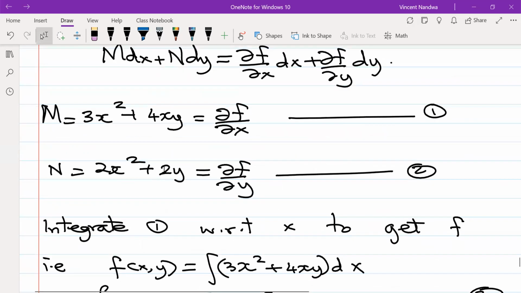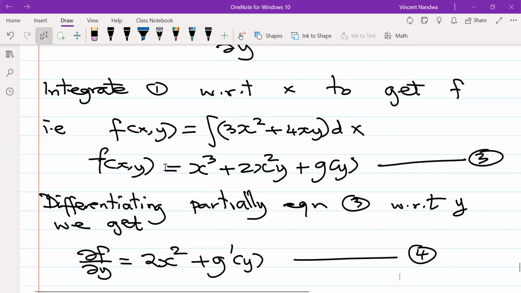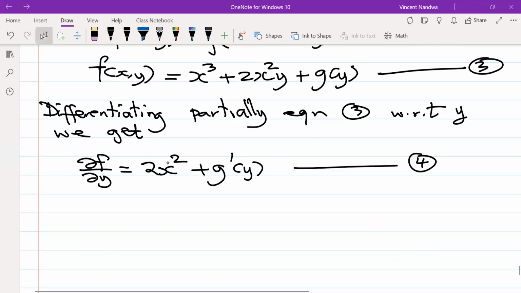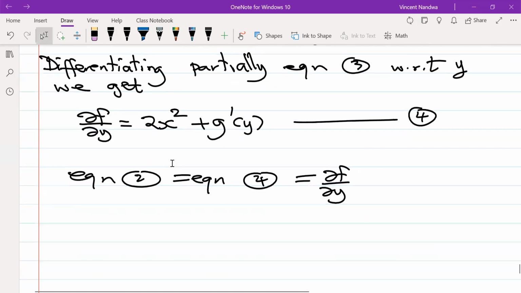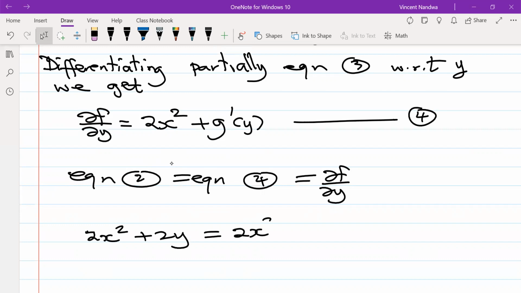Now, equations 4 and 2 are the same because they define partial f partial y. So from equation 2, we have 2x² + 2y equals equation 4, which is 2x² + g prime of y.